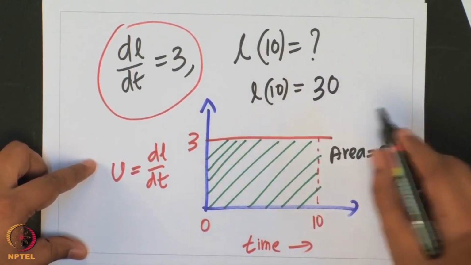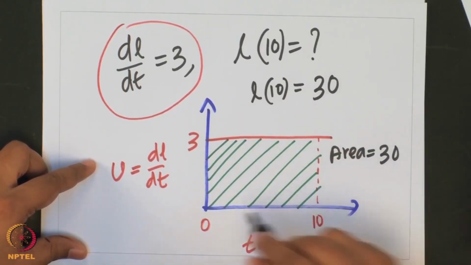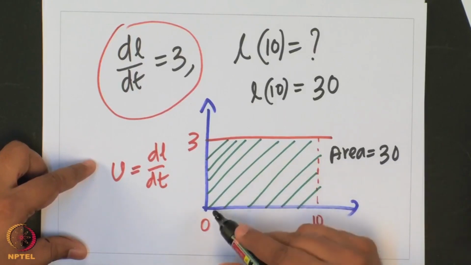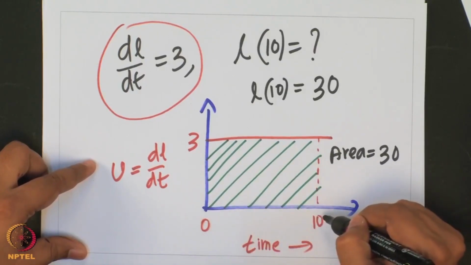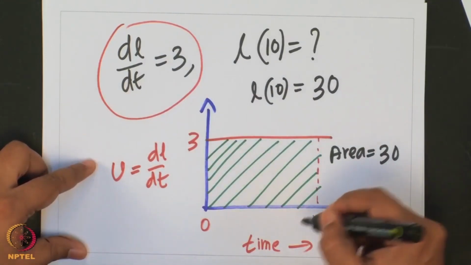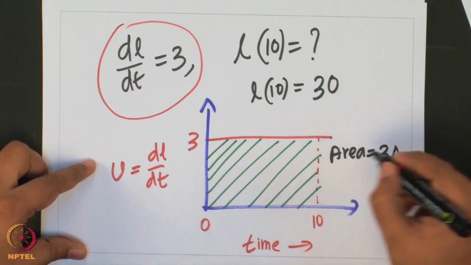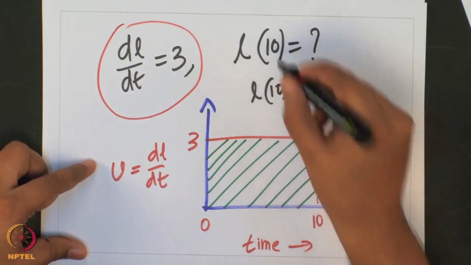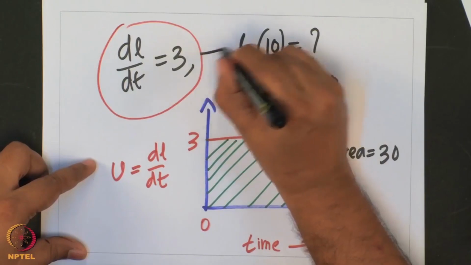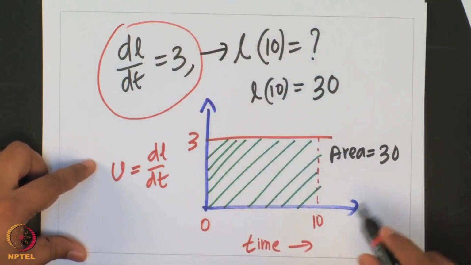So the integral from 0 to 10 of dl dt will turn out to be the area under this curve, which will be the answer for this length. If I integrate this, I will get length, which is nothing but finding this area under this curve.